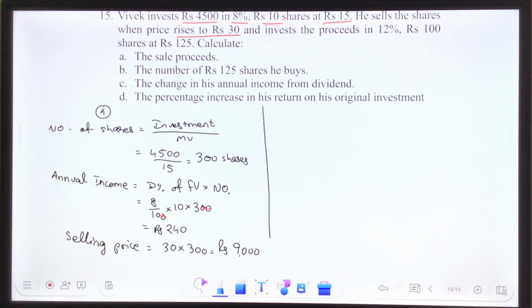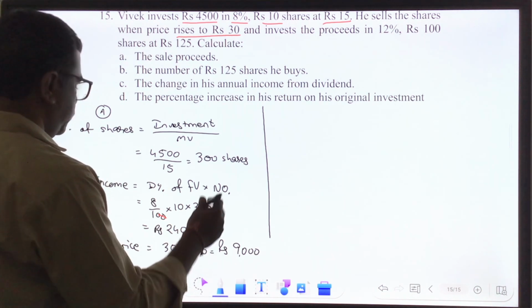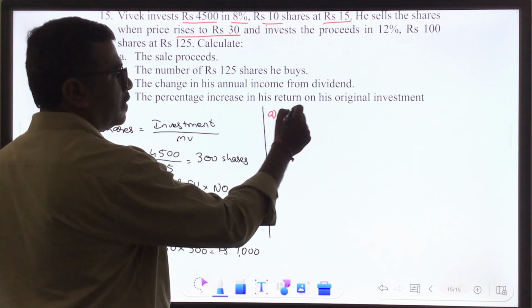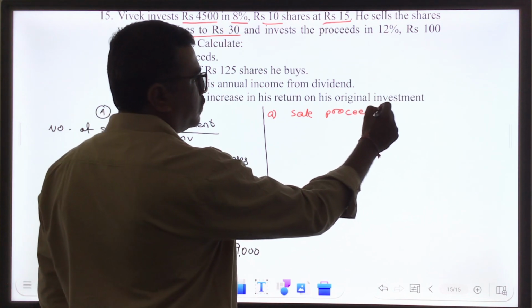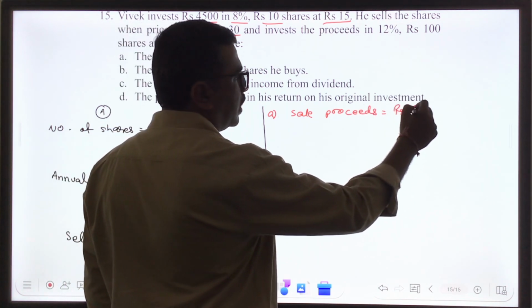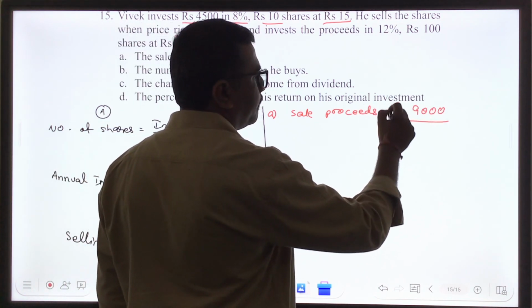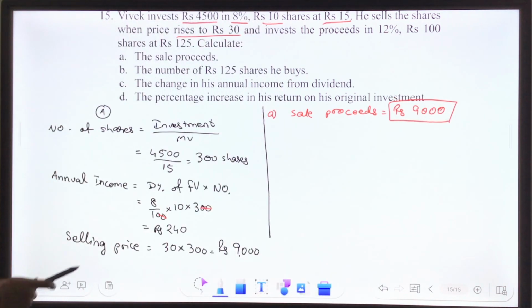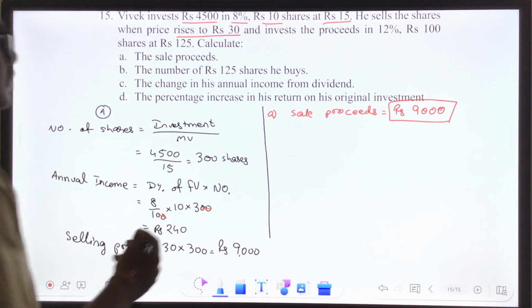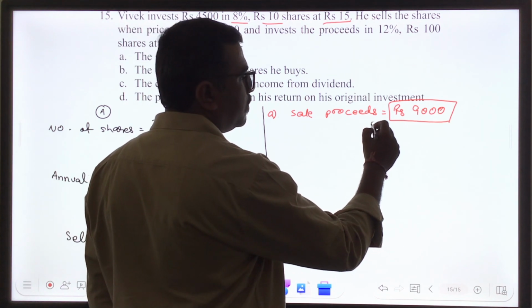And this is invested in company B. So the sale proceeds will be rupees 9,000, which is the selling price of company A and the investment in company B.